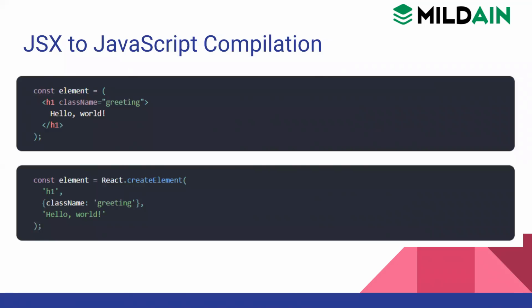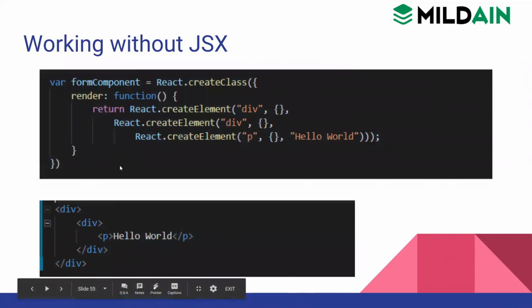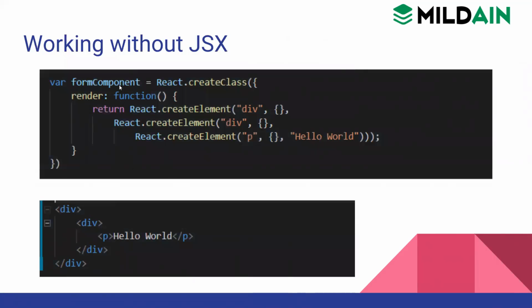If you have a div and a paragraph tag containing hello world, the equivalent JavaScript without JSX would return react.create element, a div with empty curly braces stating there are no attributes. Inside it we create another div, and inside it a paragraph containing the hello world text.